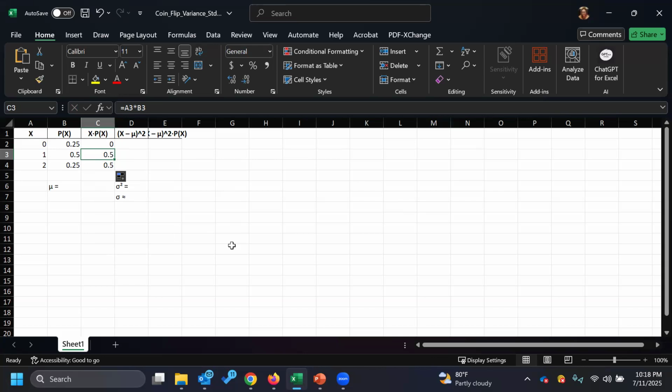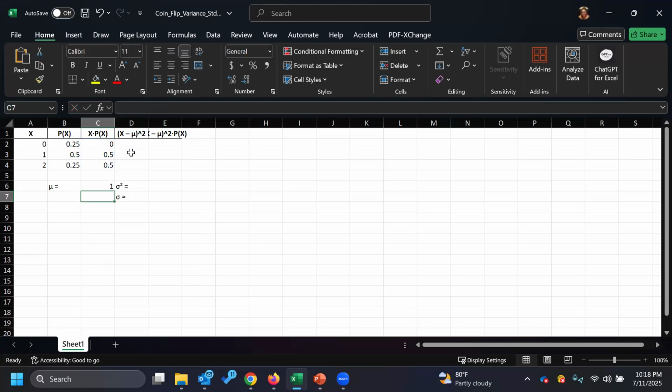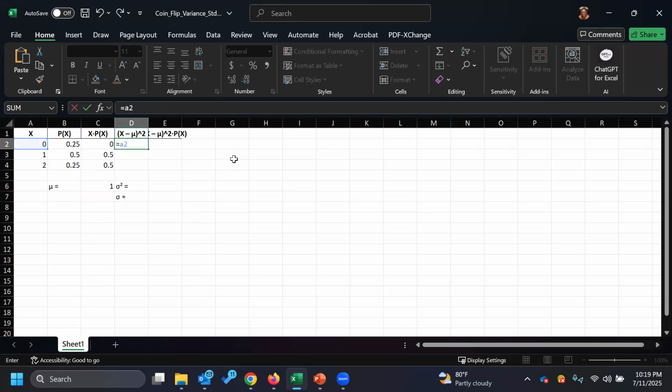It goes to the next cell. All right, so to get the mean, remember, the mean is just the sum of these products. So we're just going to add up SUM C2 to C4. Now, x minus mu, and then we're going to square it. So the x is here in A2. But I want the mean, which is right here, not to change when I move my formula.